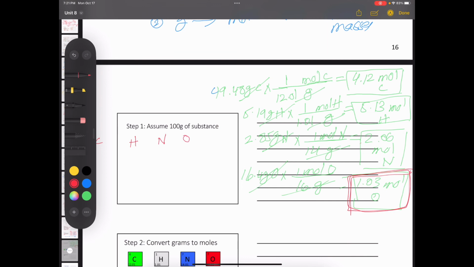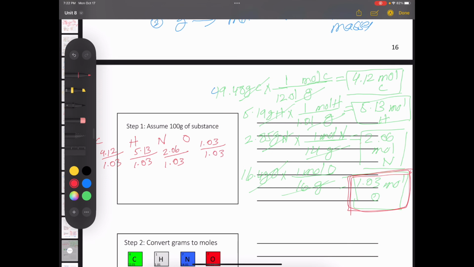So for the carbon, that would be 4.12 divided by 1.03. For the hydrogen, that would be 5.13 divided by 1.03. For the nitrogen, that would be 2.06 divided by 1.03. For the oxygen, it would be 1.03 divided by 1.03.